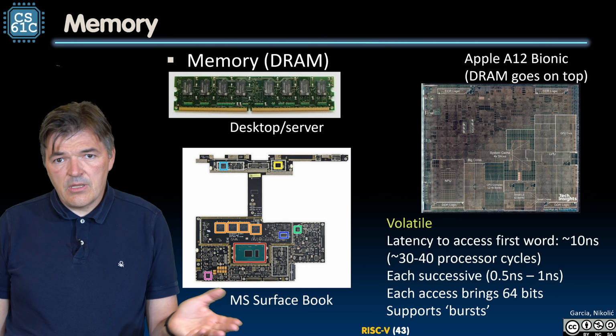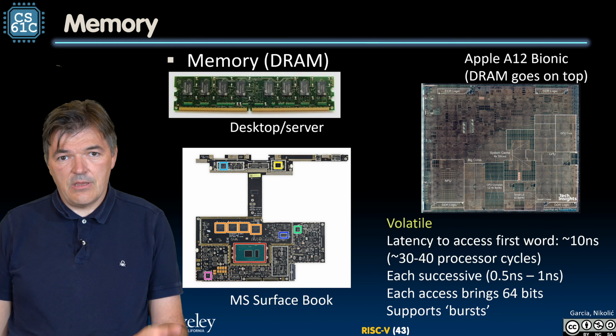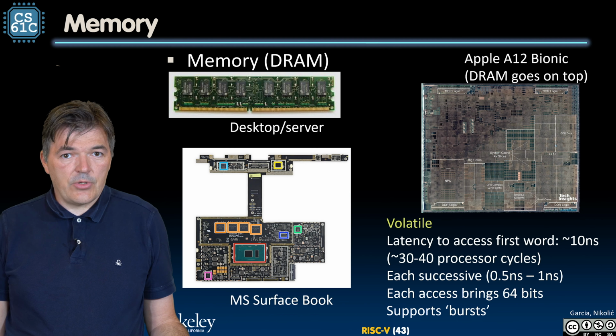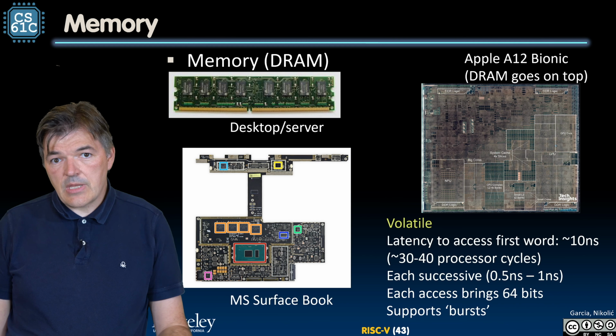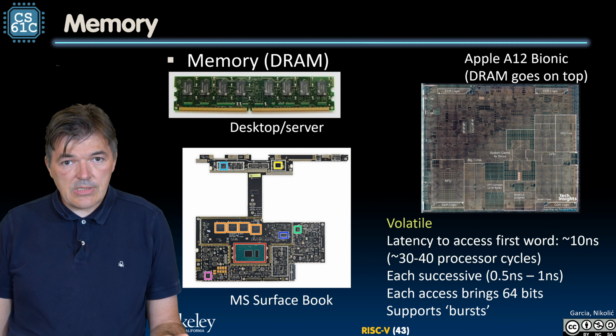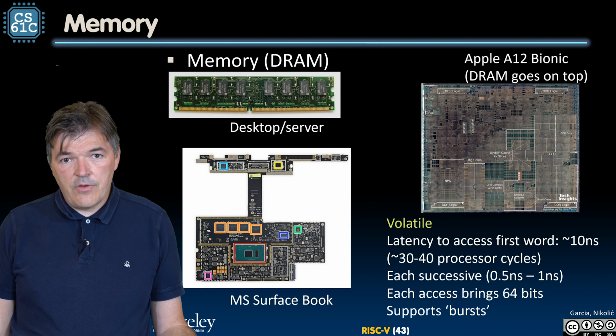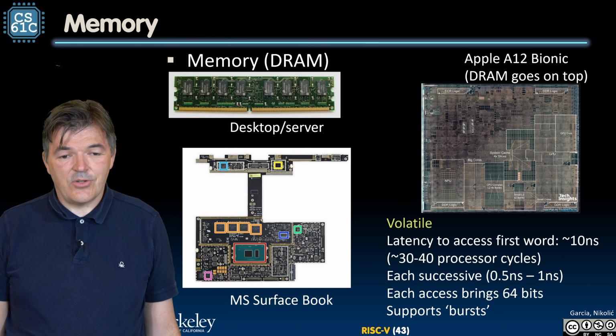In comparison, DRAM is almost 10 times denser than SRAM. So when we look at a modern microprocessor, we'll find in its spec sheets that it has perhaps tens of megabytes of cache. On the other hand, a DRAM chip with about the same area may have more than 10 gigabits of DRAM cells on it.